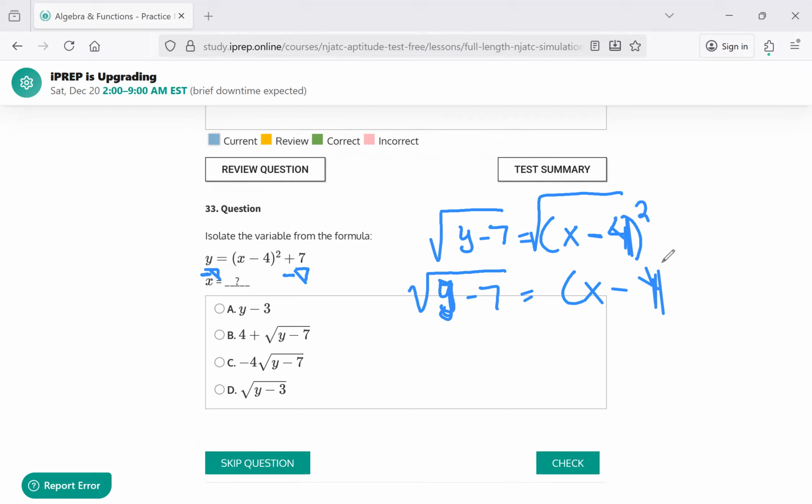And then solve for x, so you're going to add 4 to both sides. That's not a y, it's 4. And you should get letter A. I mean, not letter A. It's letter B. Square root of y minus 7 plus 4. So letter B.